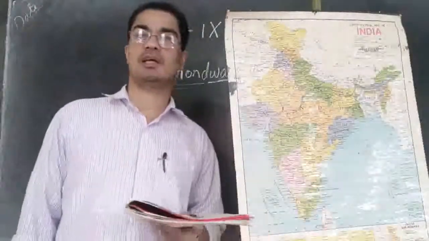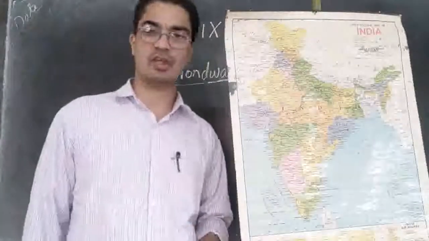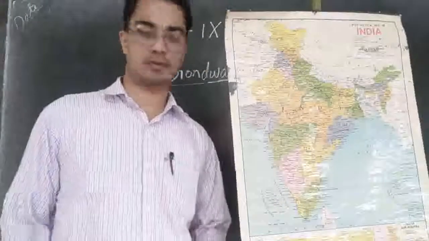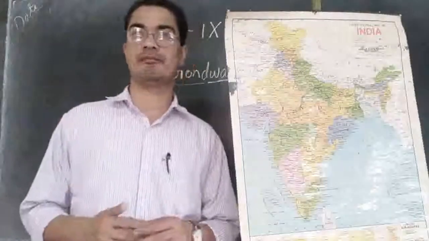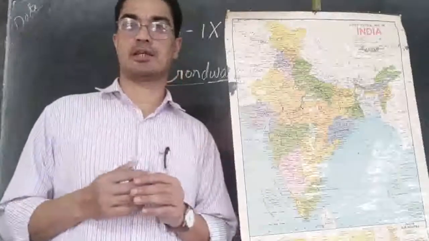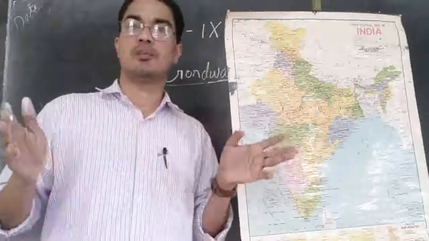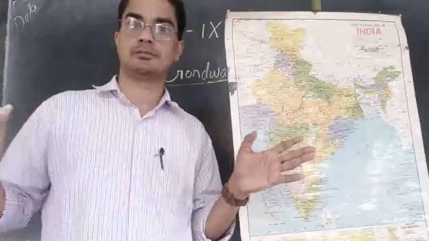So that is why the Himalaya mountains are called fold mountains. When we talk about Himalaya, in later classes we will study and realize that the Himalayan mountains are called fold mountains because they were formed by being folded.